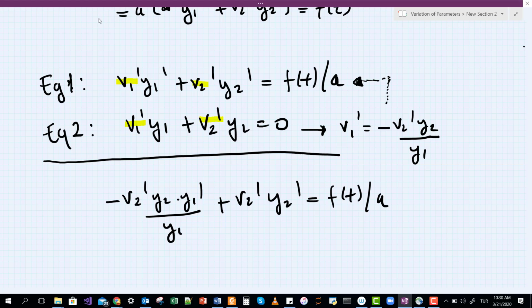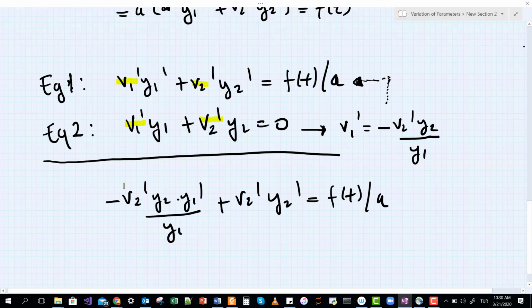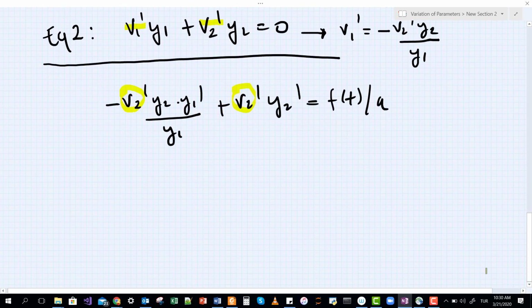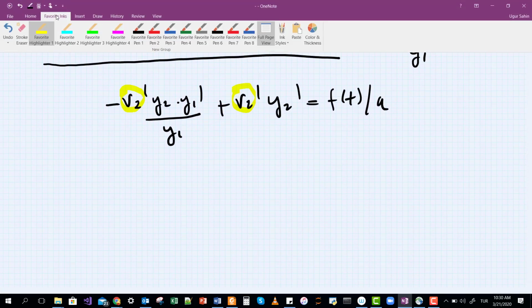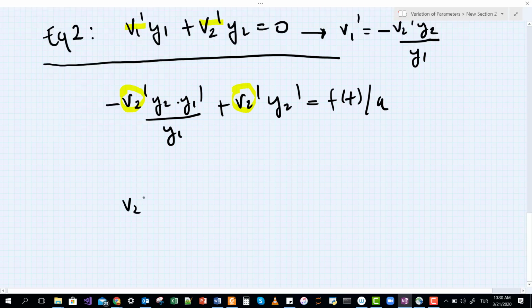So if you notice again, what do I have? The v2 prime terms are common, which is why it is possible to pull this out. If I pull the v2 prime out, look at that. Here I have two rational terms. I can make their denominators the same by just multiplying by y1.